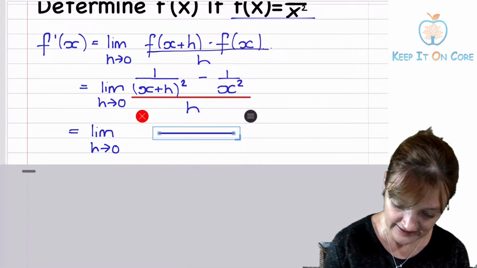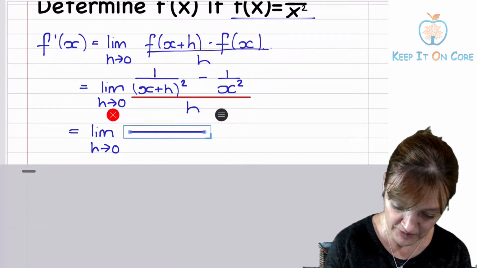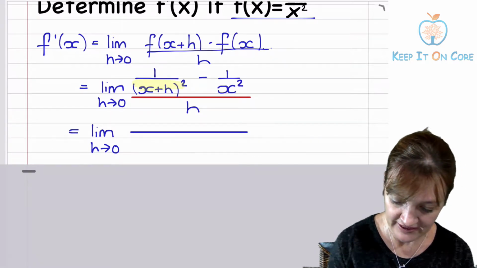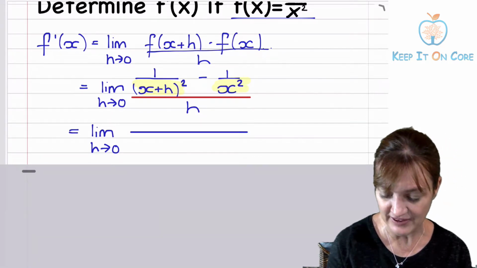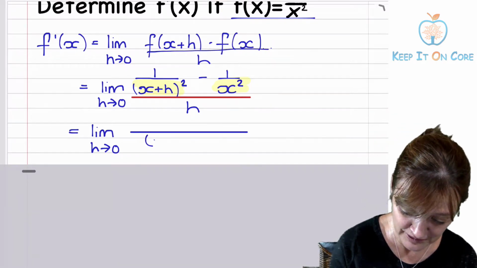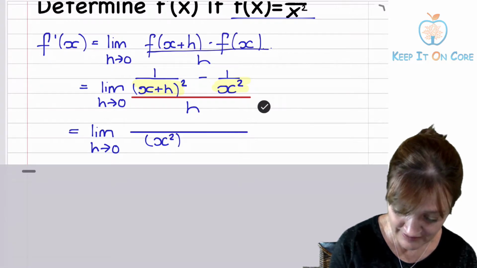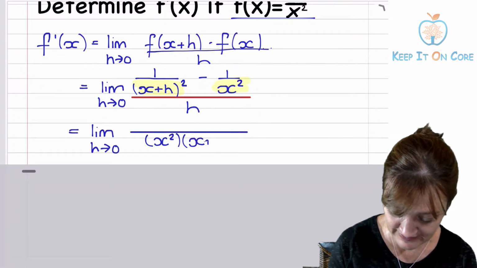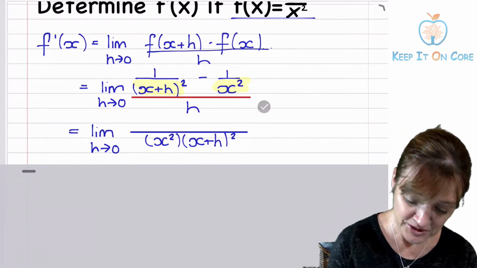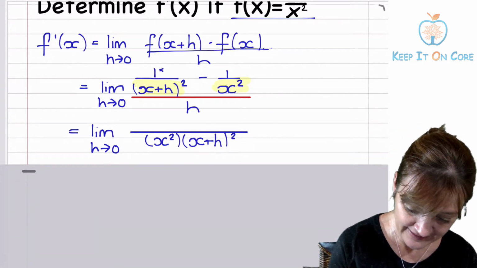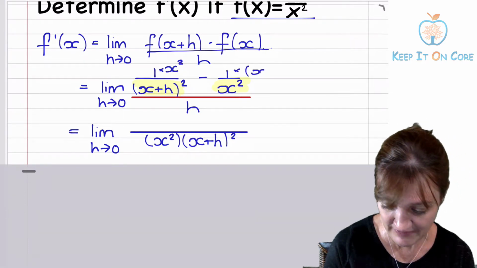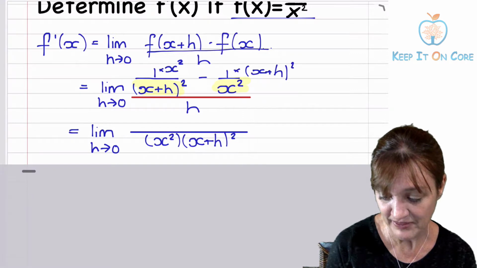So LCD in the numerator part, I'm needing to find an LCD, which, look at what I've got here. I've got an x plus h squared and I've got an x squared, and basically that's your LCD. Which means that this 1 over here is getting multiplied by just x squared, and this 1 over here is getting multiplied by the x plus h squared.